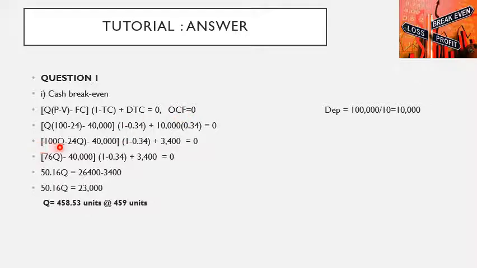So 100Q minus 24Q minus 40,000 times (1 minus 0.34) plus 3,400 equals 0. 3,400 is D times TC, 10,000 times 0.34.